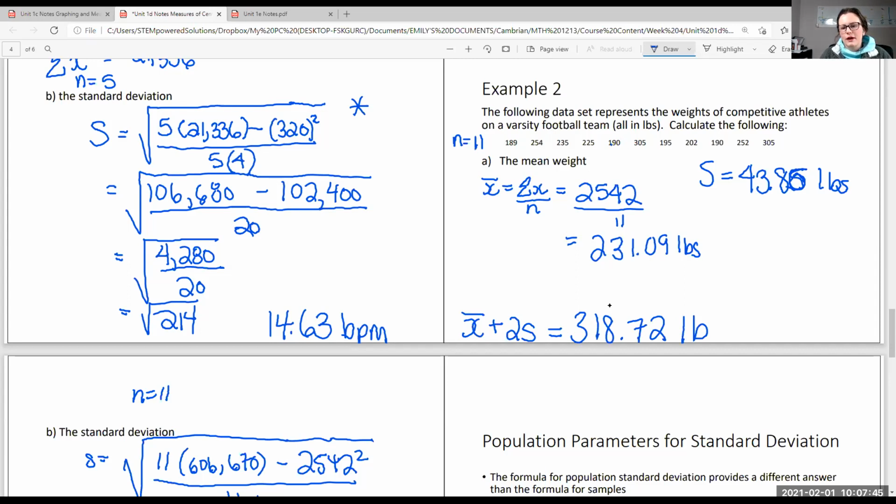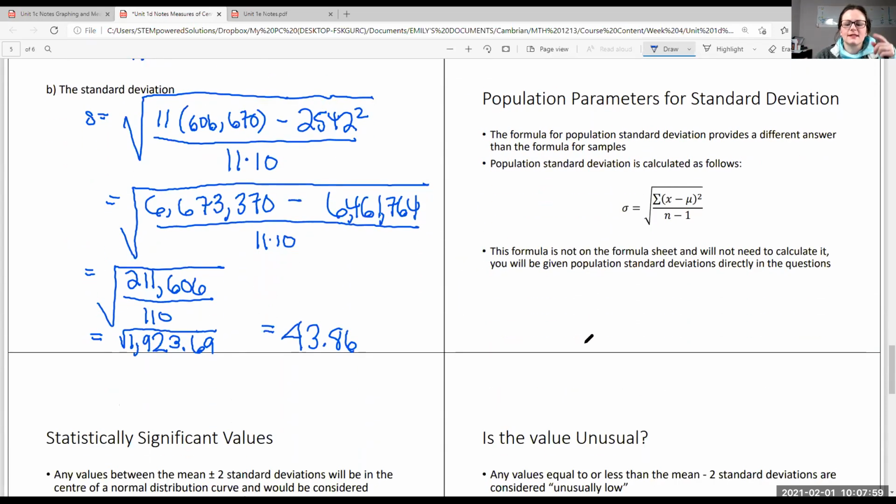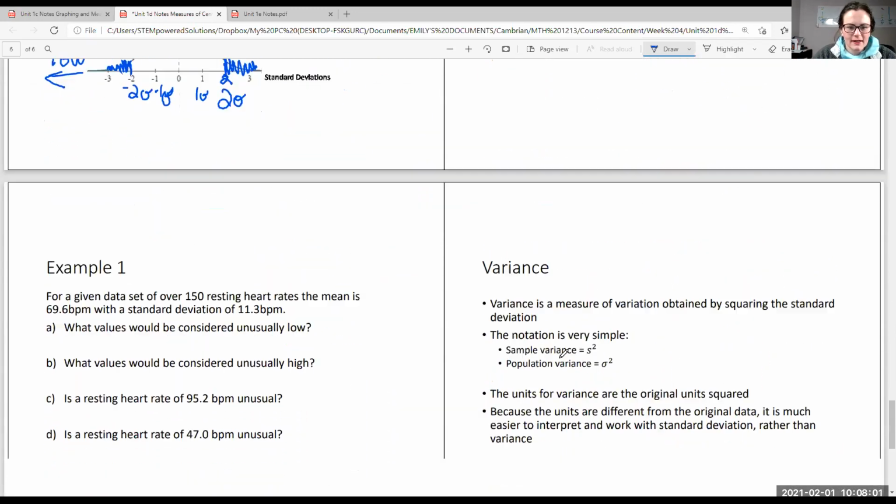But if he was 320 pounds, that would be statistically high for his weight, right? So that's what we're now discussing, what is considered statistically significant and not statistically significant, or statistically insignificant.